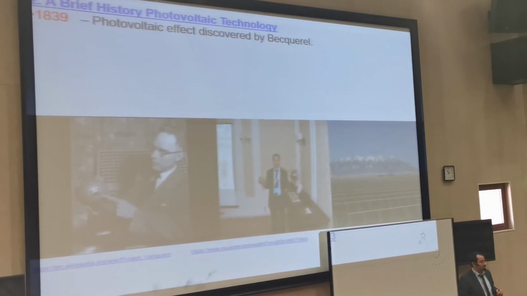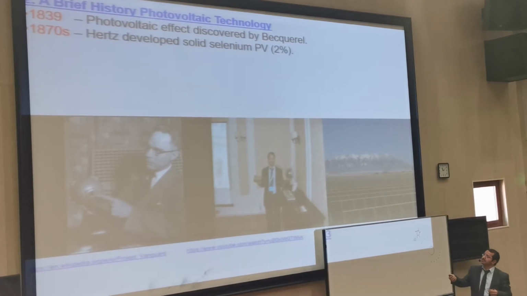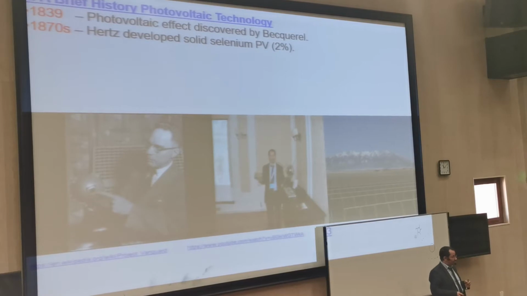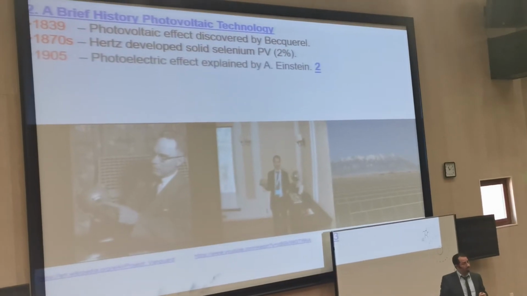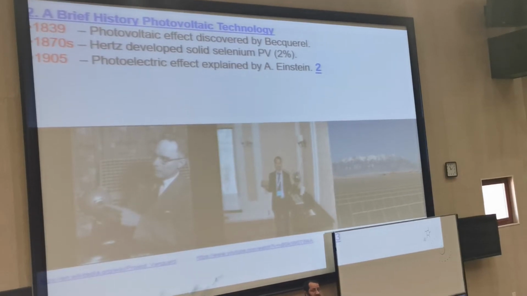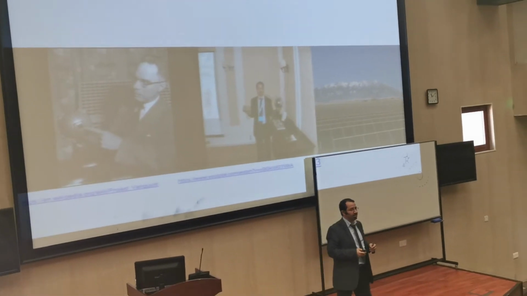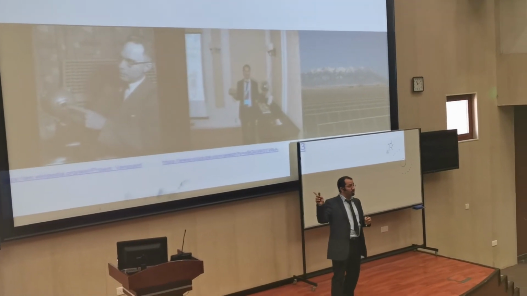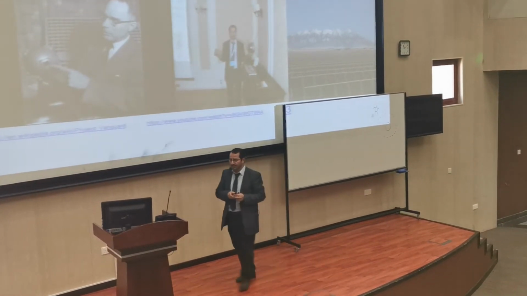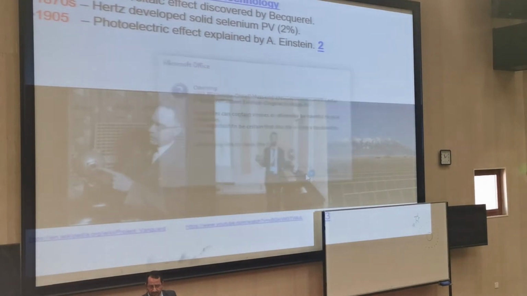The photovoltaic effect was discovered by Becquerel, and then later in 1870, Hertz developed the first PV, which was 2% efficient, and in 1905, more than 100 years ago, Einstein explained the photovoltaic effect. And by the way, he won the Nobel Prize based on this explanation, not on the relativity theory. And this is Einstein.